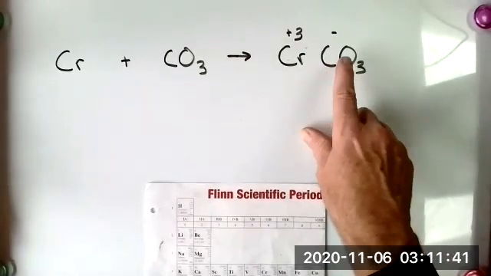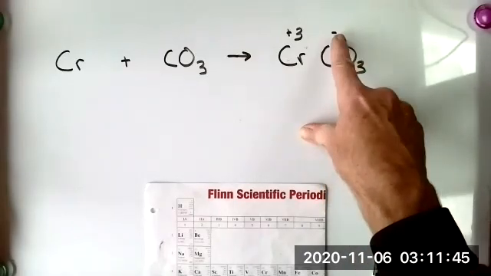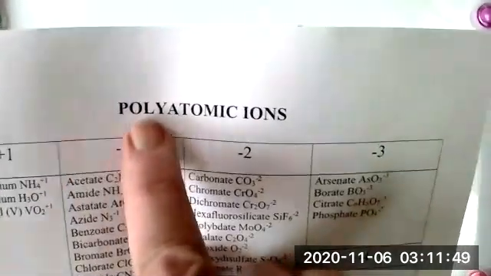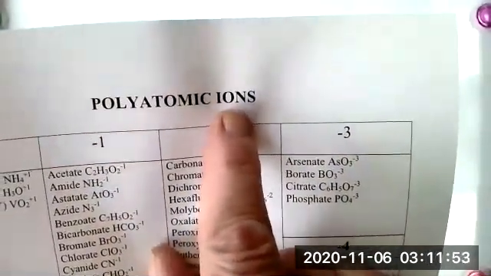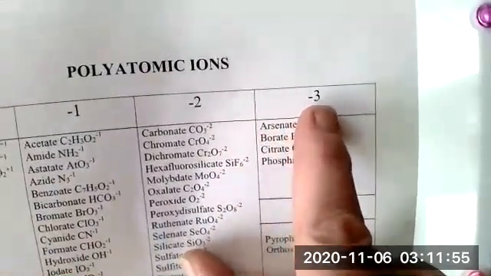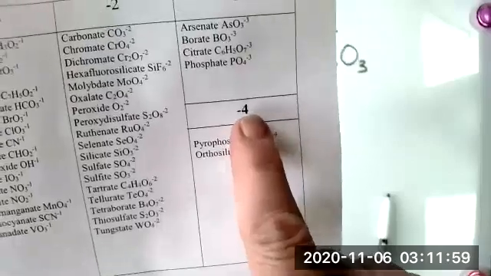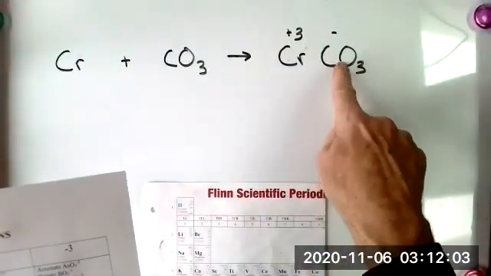Poly means many, atomic means small, and they're polyatomic ions because they have a charge. And here's their charges: -3, -2, -1, +1, and a -4. My friends, all you have to do is look them up and get that number.